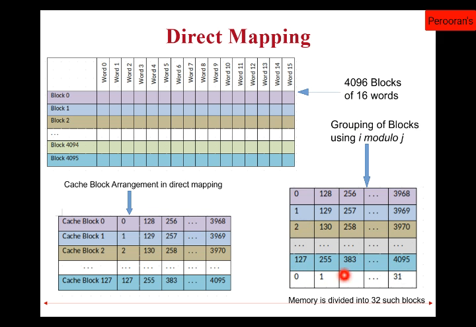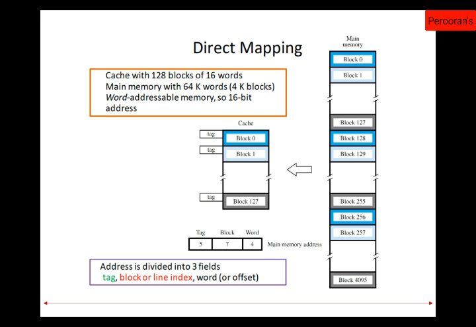That means we are dividing the main memory into 32 segments with each segment having 128 blocks. So those 5 bits represent which segment that particular block belongs to. That is the role of the 5 bits.